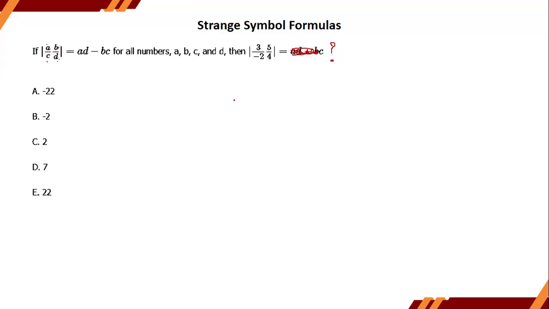So we will follow the steps which are given for this question. So this is 22. So hope this is clear. So for these types of questions, you need to apply the steps, okay?